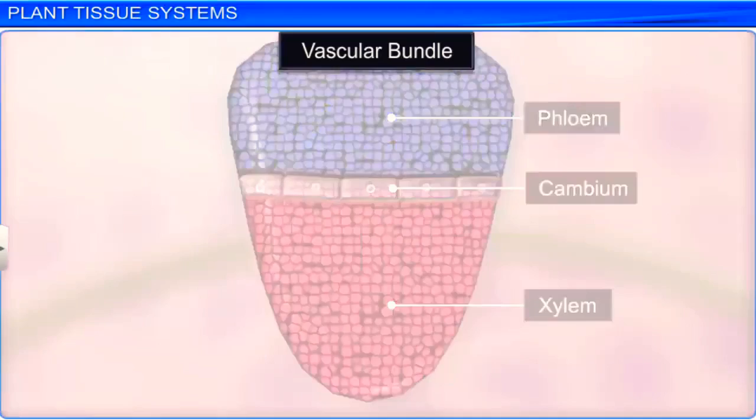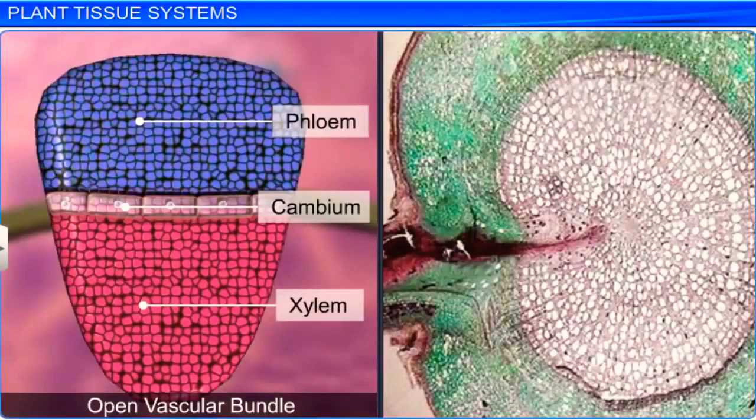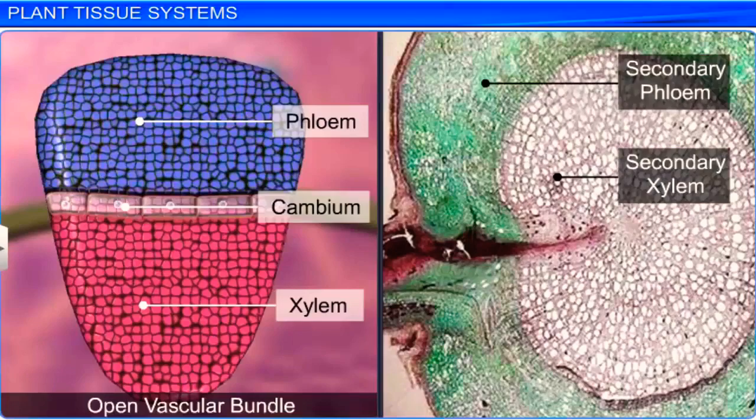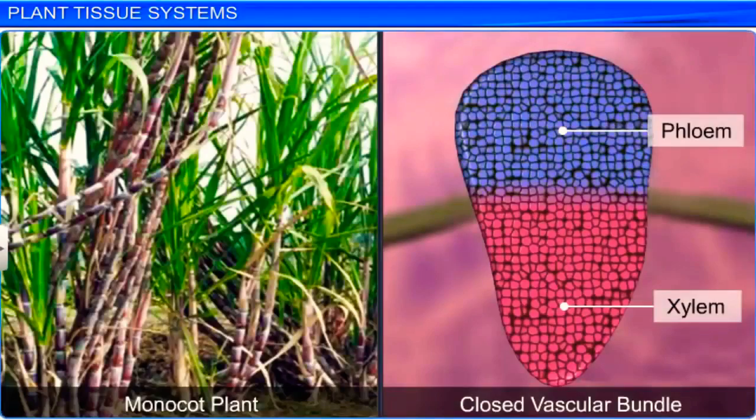Due to the presence of cambium, such vascular bundles can form secondary xylem and phloem tissues and are known as open vascular bundles. On the other hand, in monocotyledonous plants, vascular bundles do not contain cambium. They are unable to form secondary xylem and phloem tissues and are thus called closed vascular bundles.